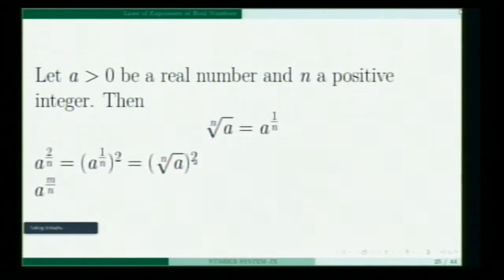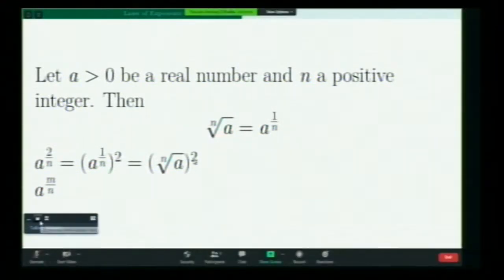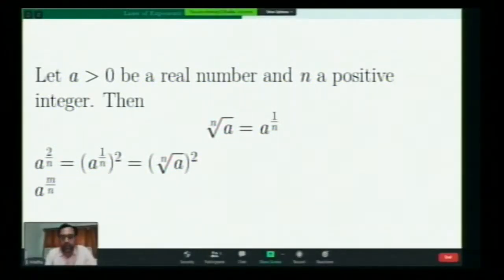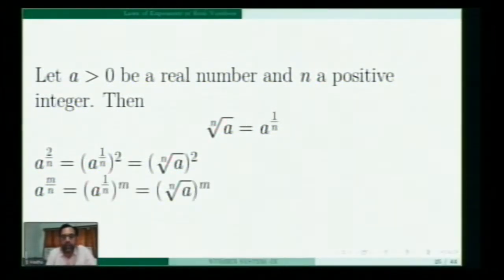So if somebody asks A to the power m by n, a rational number, I will take A to the power 1 by n whole to the power m, which is the nth root of A whole to the power m. So this is the method. Now exponents are defined for rational numbers also.